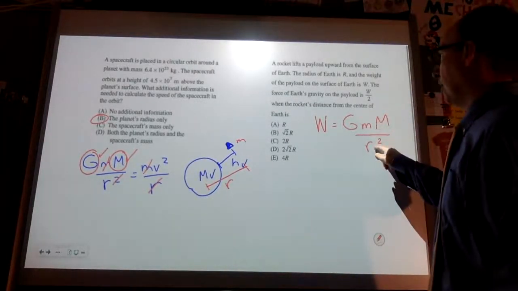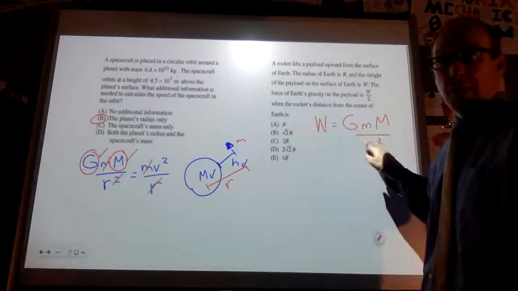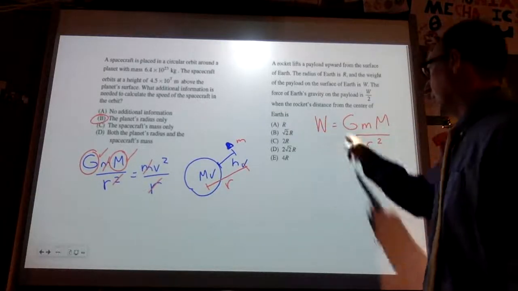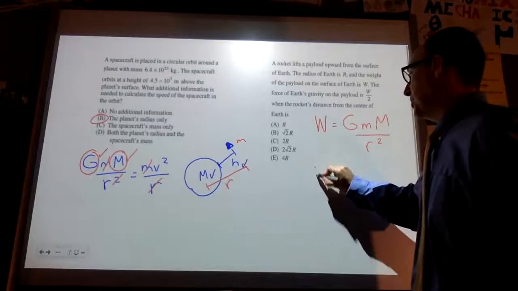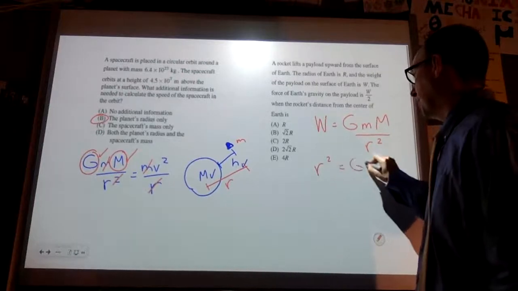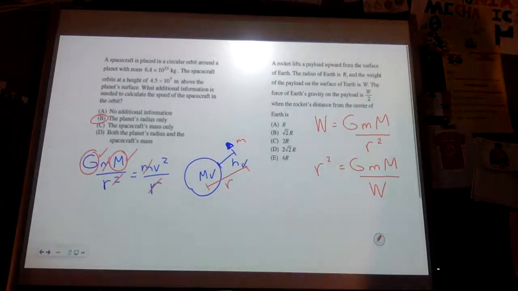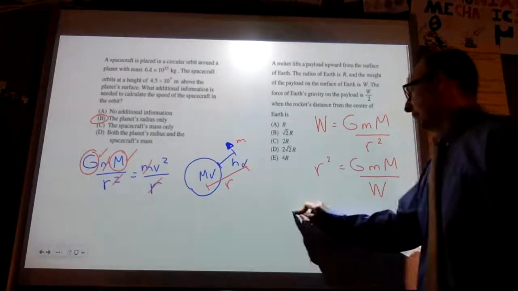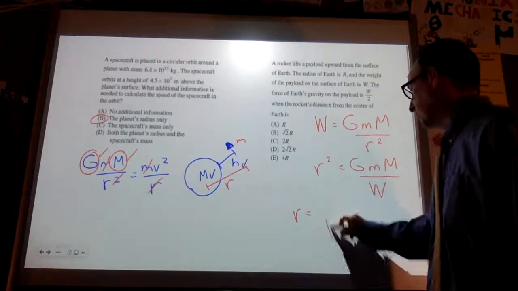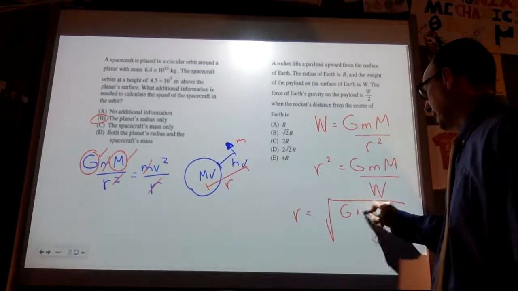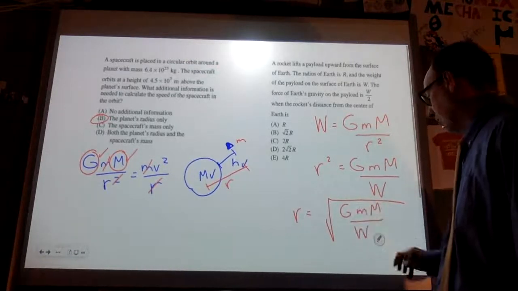I want to solve for r, right? I want to get r by itself. So I'm going to flip the positions of r squared and w. And so r is going to be equal to radical GMm over w.